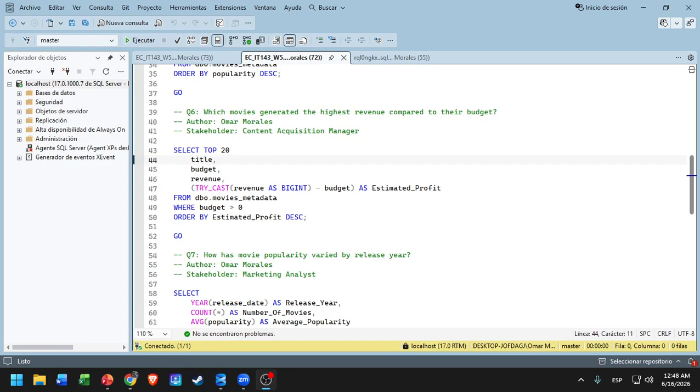Then the results are ordered from the highest estimated profit to the lowest. The information helps identify financially successful movies.